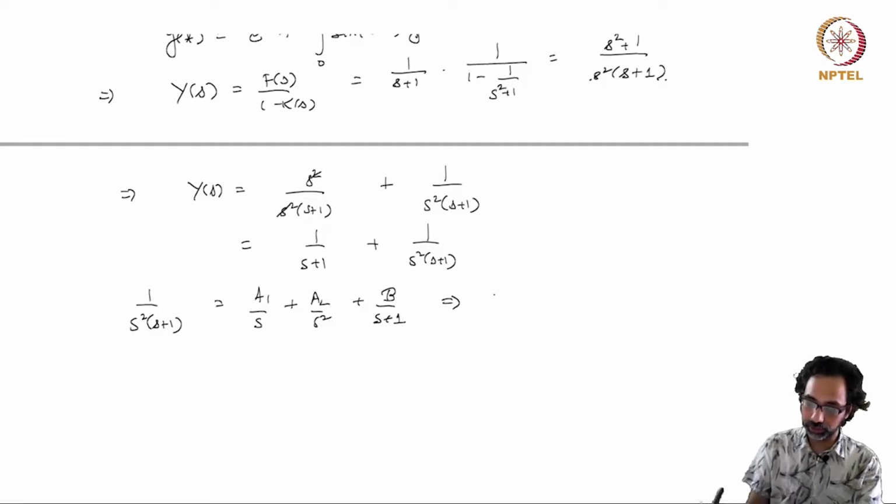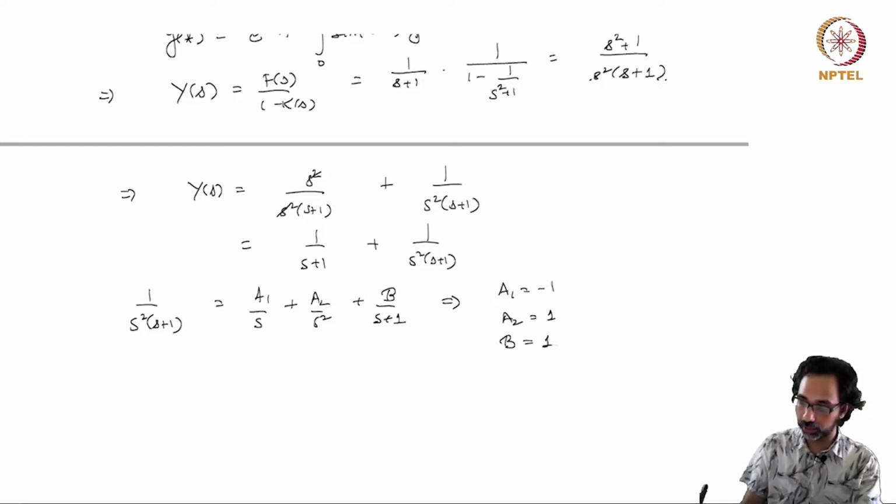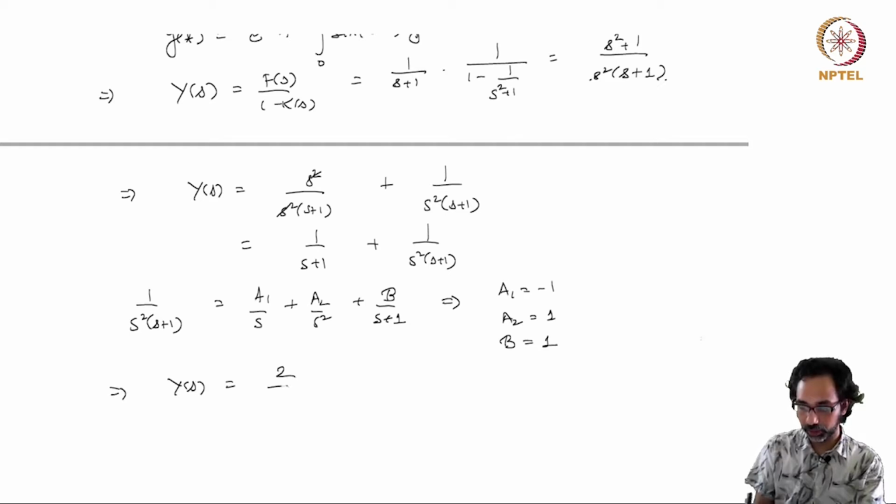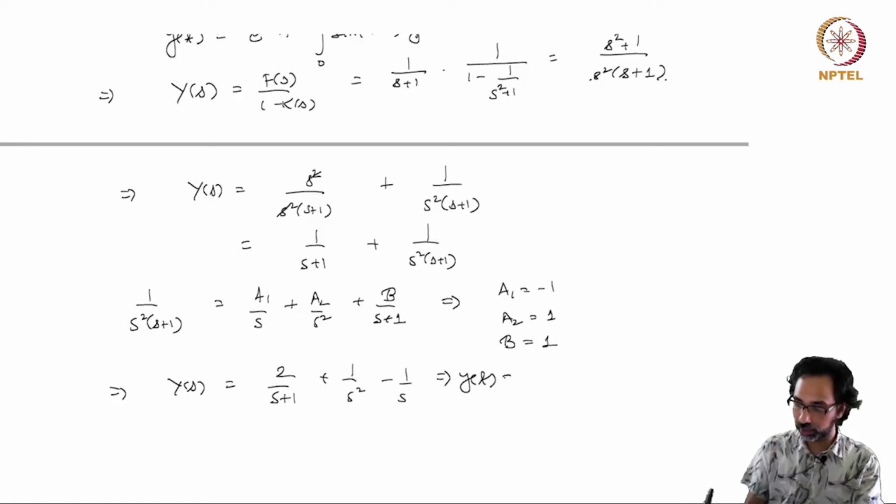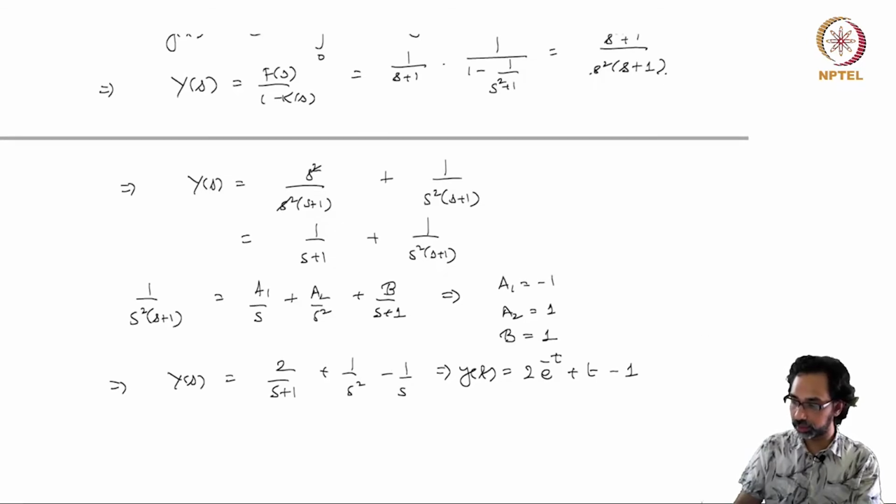If we solve this, we get a1 equal to minus 1, a2 equal to 1 and b equal to 1. Therefore in the end we get 2 over s plus 1 plus 1 over s squared minus 1 over s. We can easily invert this to get 2 times e to the power minus t plus t minus 1. So this is our solution.